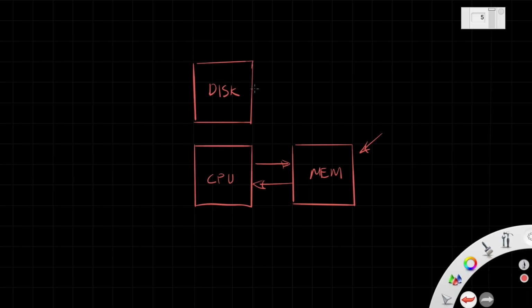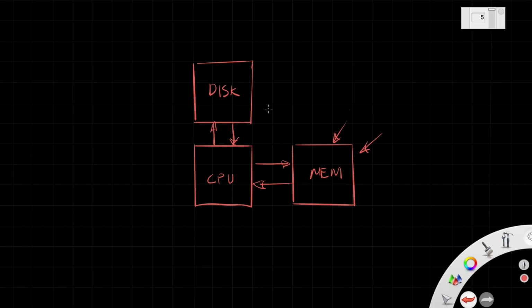Another difference between disk and memory is that when the computer shuts down or the power is off, the content of the primary memory, this fast memory right here, gets wiped out, while that doesn't happen for the disk. So the disk retains the memory, but it is slower than the primary memory.